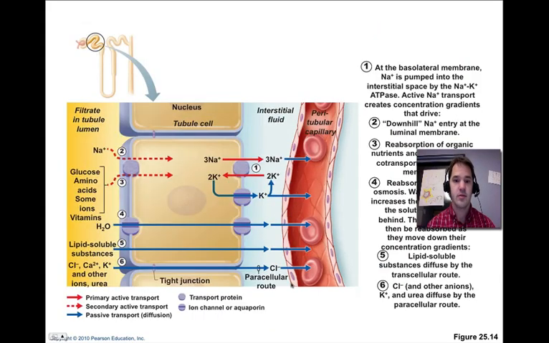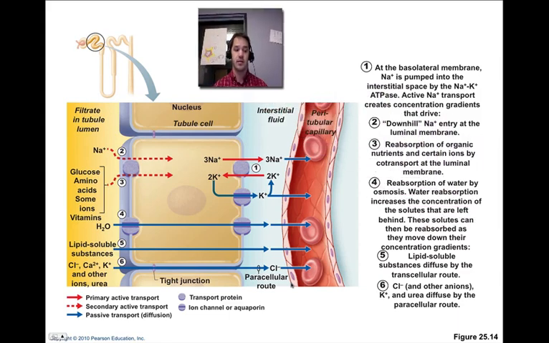So how does tubular reabsorption work? Tubular reabsorption begins as soon as the filtrate enters the proximal convoluted tubule, and involves almost total reabsorption of organic nutrients and hormonally regulated reabsorption of water and ions.